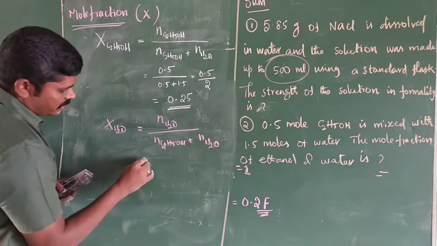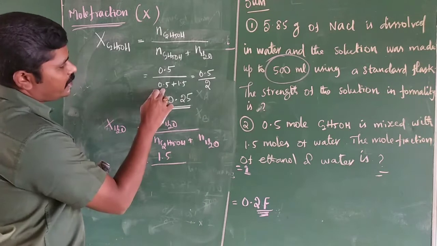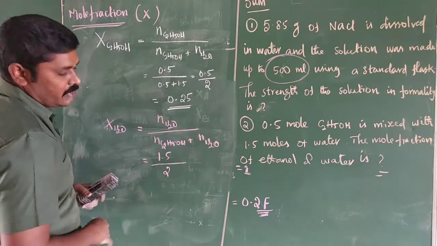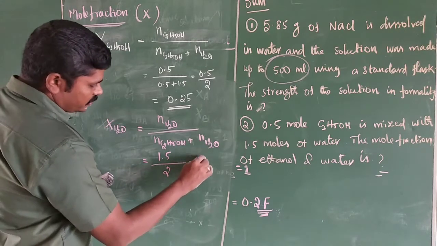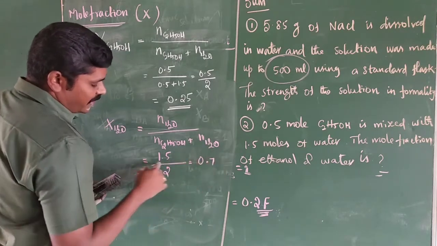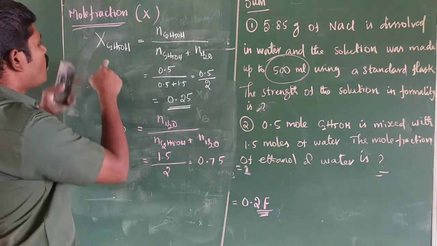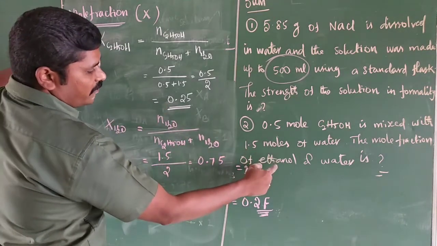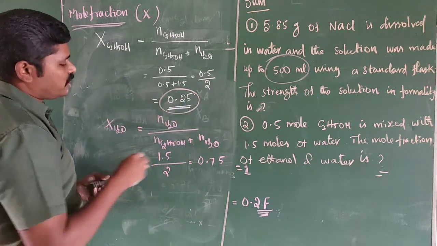That is 1.5 divided by 2, which is equal to 0.75. So the mole fraction of ethanol is 0.25 and the mole fraction of water is 0.75.